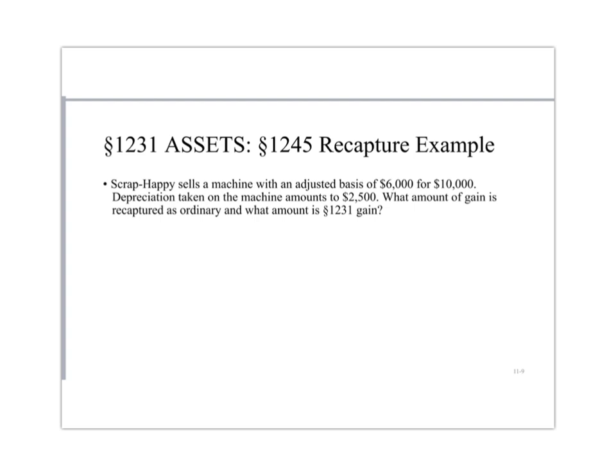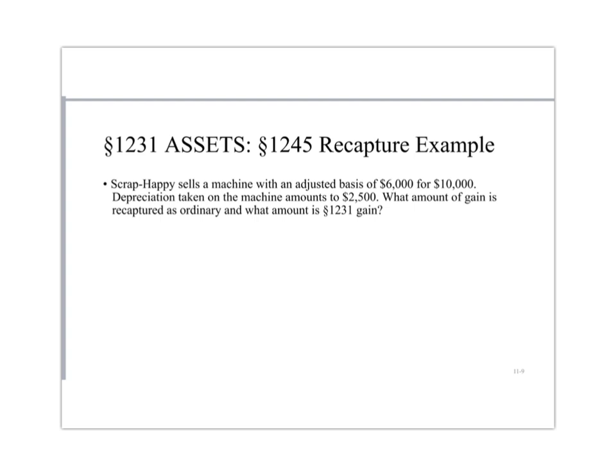All right, so let's look at another example just to make sure we've got everything squared away. We've got a machine with an adjusted basis of $6,000. We're going to sell it for $10,000. It gives us the amount of depreciation we've taken on the machine, what amount of gain is recaptured as ordinary, and what amount is 1231.